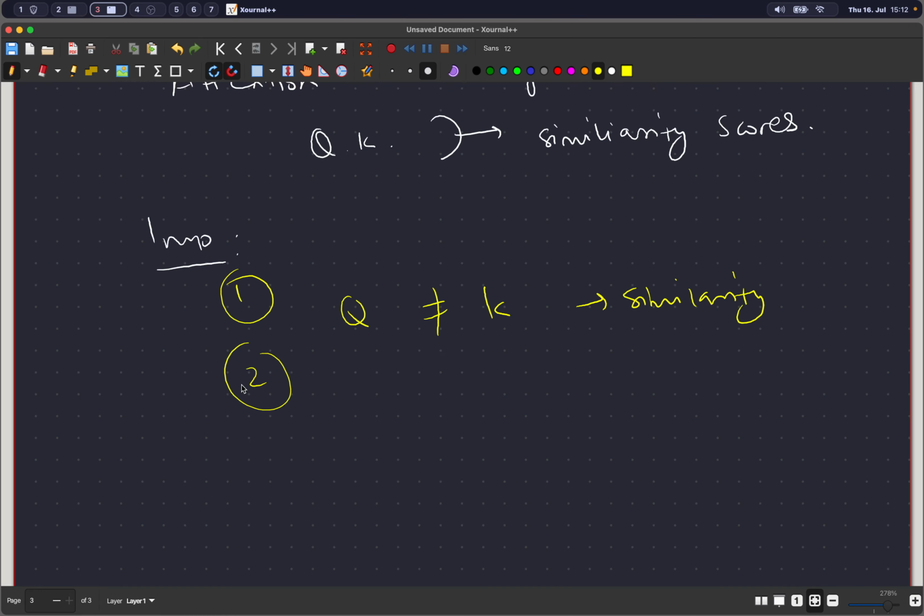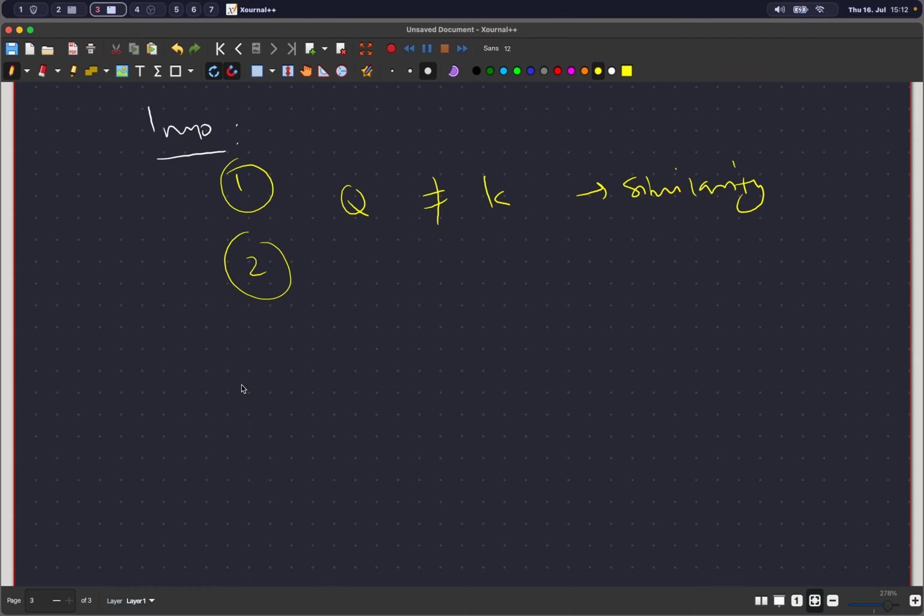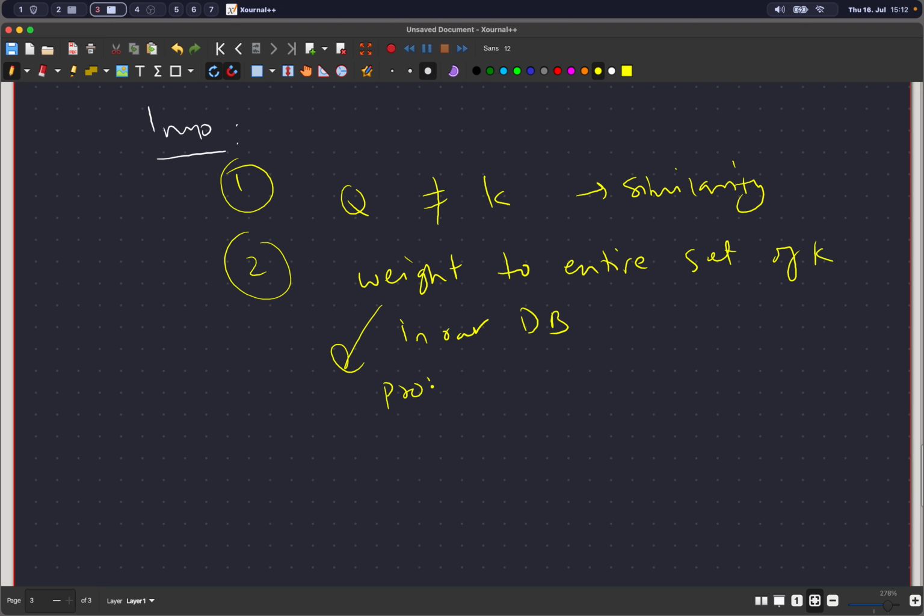Second is, obviously we are calculating how similar Q is to each K, and then we assign weights, or you can say probability, to each key. So we are assigning a weight to our entire set of keys in our database, or you can also call it a probability score.